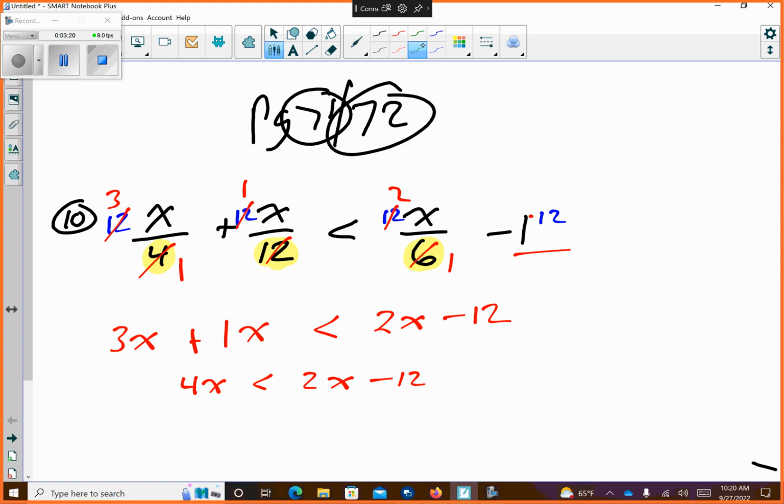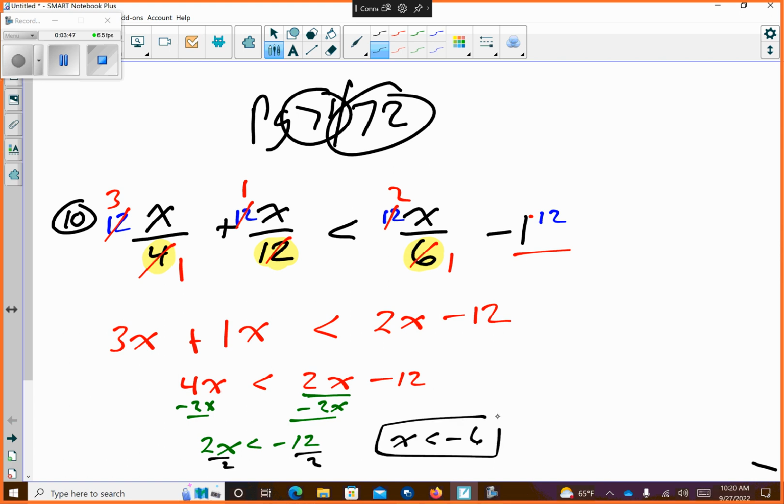So what should I do to start getting x by itself? What should I do with this? Yeah, I'm going to subtract it, right? So that gives me 2x is less than -12. And then what? Divide by 2. Good. So x is less than -6. Okay? So we've worked it out.